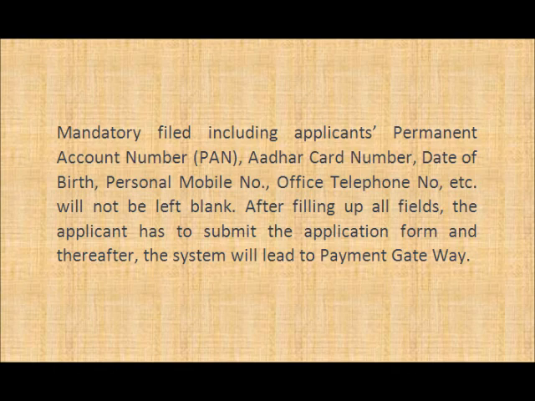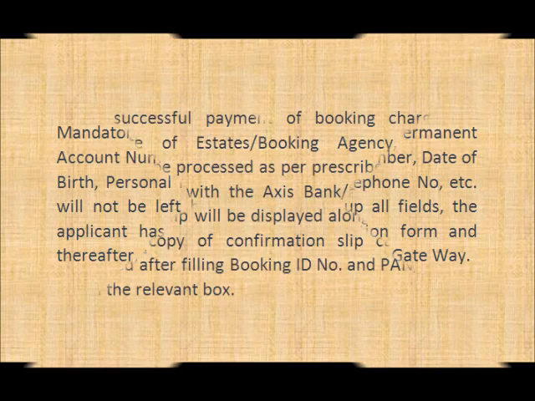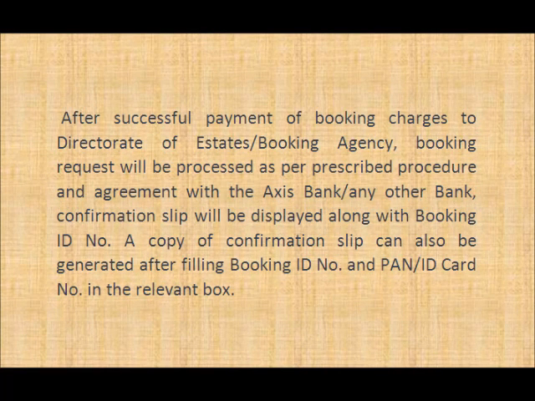After filling up all fields, the applicant has to submit the application form and thereafter the system will lead to the payment gateway. After successful payment of booking charges to Directorate of E-States Booking Agency, the booking request will be processed as per prescribed procedure and agreement with the Axis Bank or any other bank.